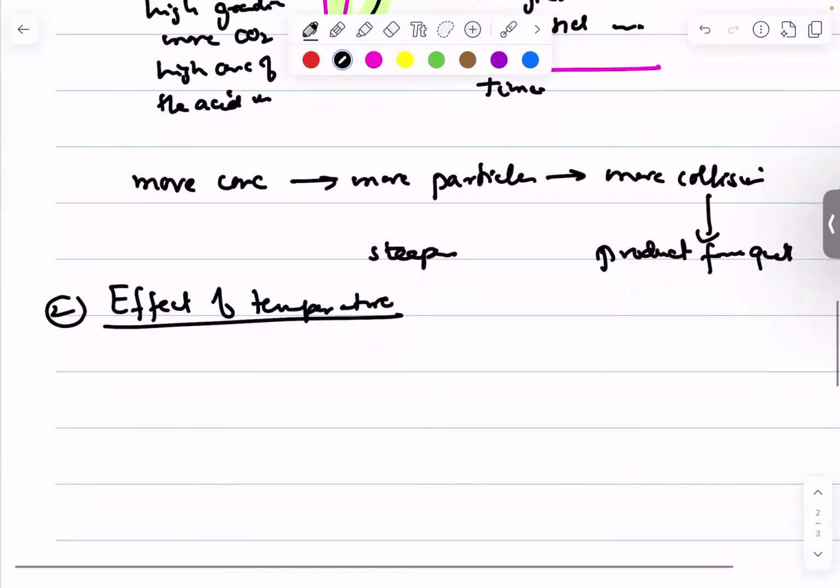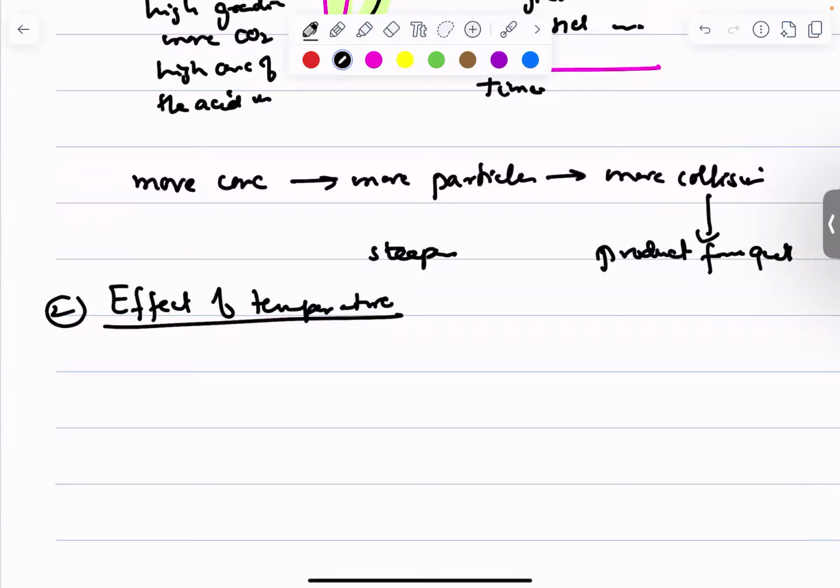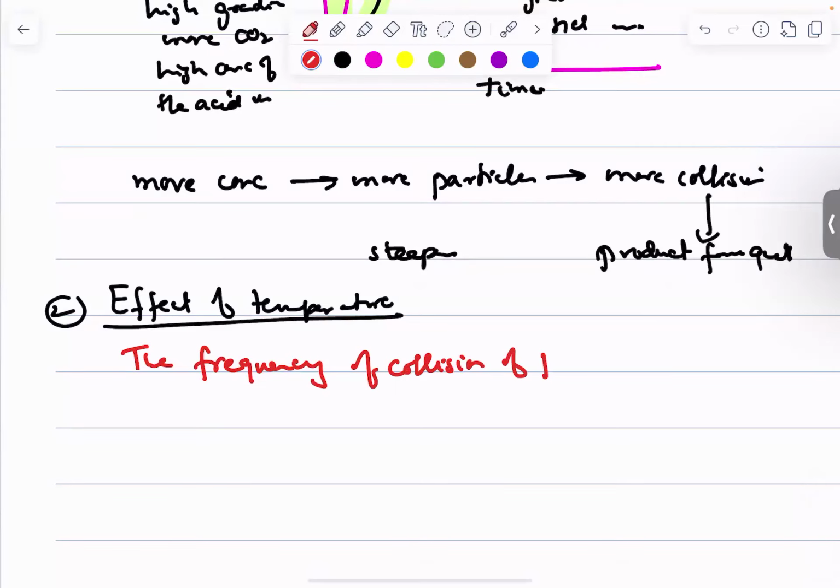So increasing the temperature increases the rate of all reactions, because the frequency of collision of particles increases, and the energy of collision of particles increases.